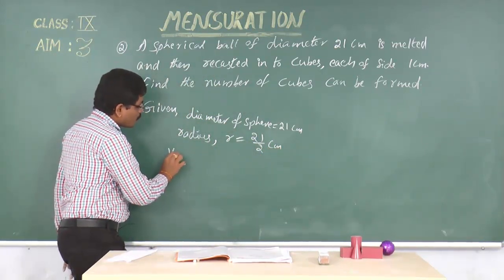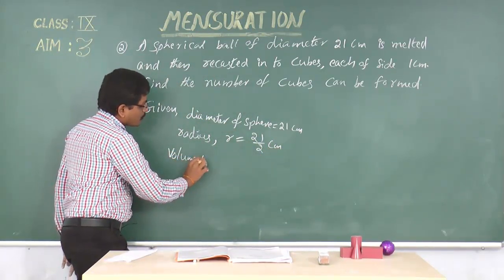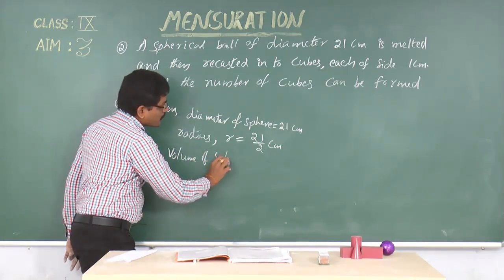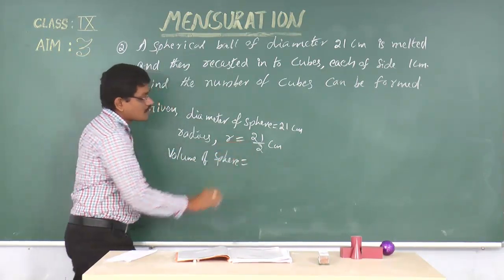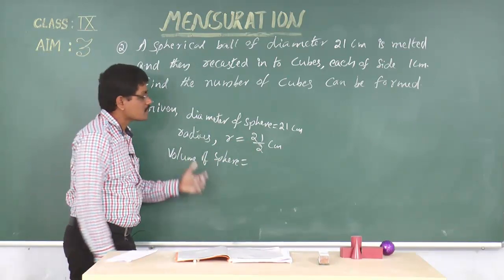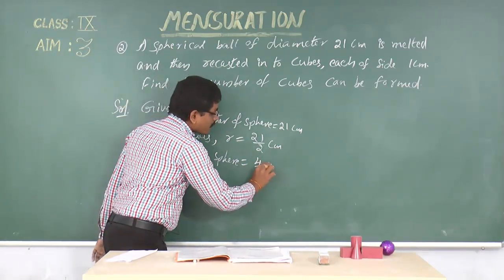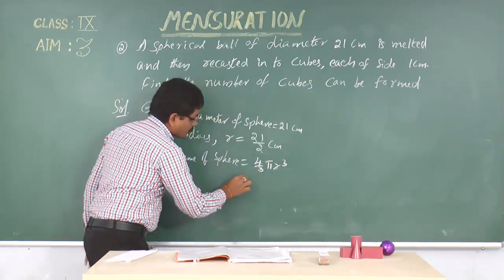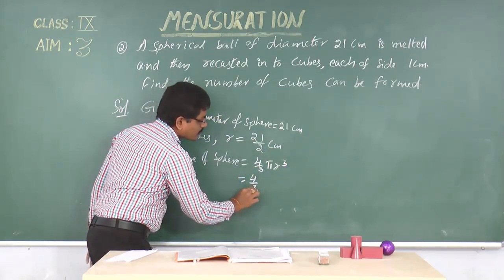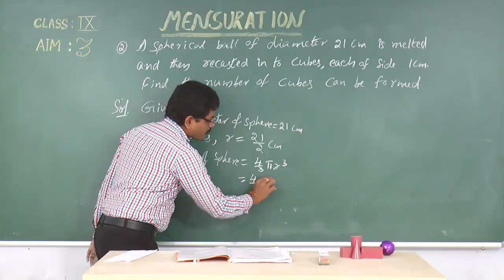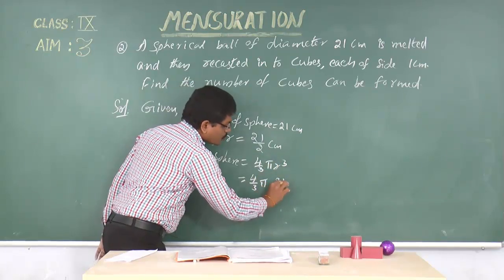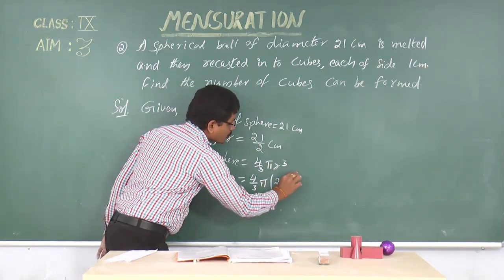Next, volume of sphere is equal to 4 by 3 pi r cube, that equals 4 by 3 pi times 21 by 2 whole cube.